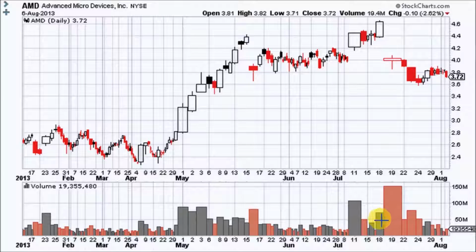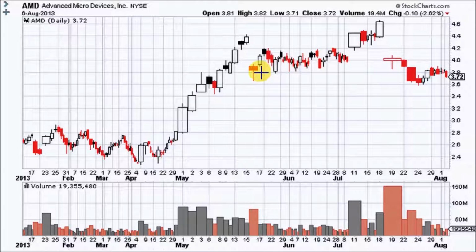Now you would have wanted to see a bigger, wider, taller volume day on this day as it broke out into blue sky territory above all resistance to the highest point on this chart. And then unexpectedly this happens. Okay, that's the nature of earnings.